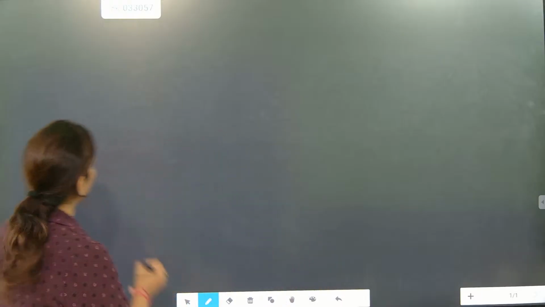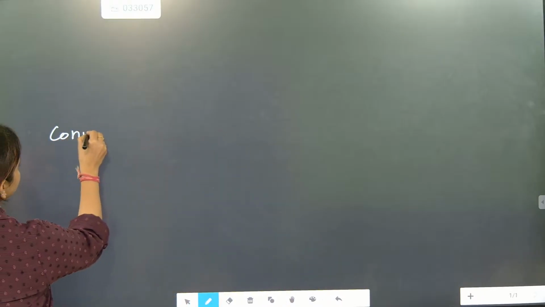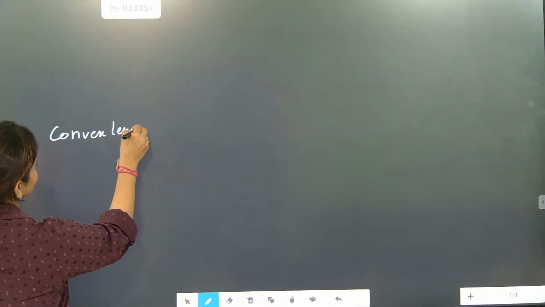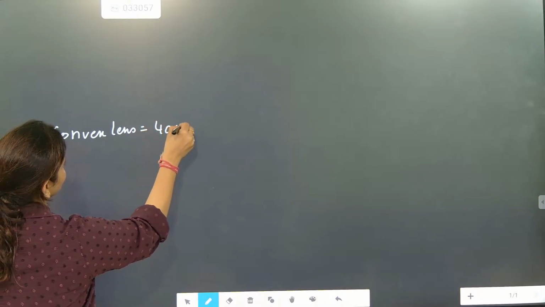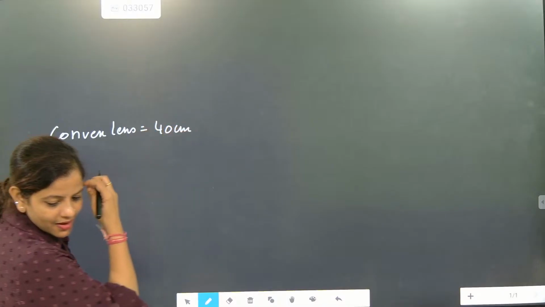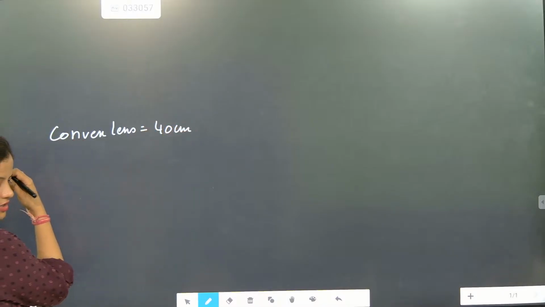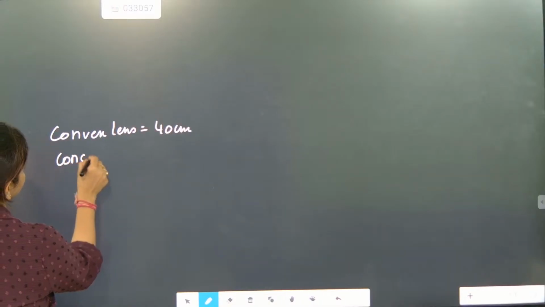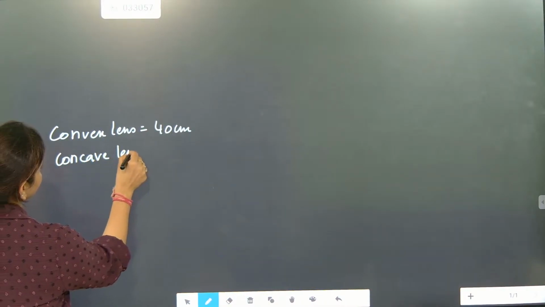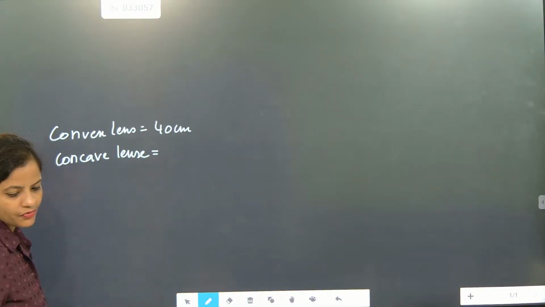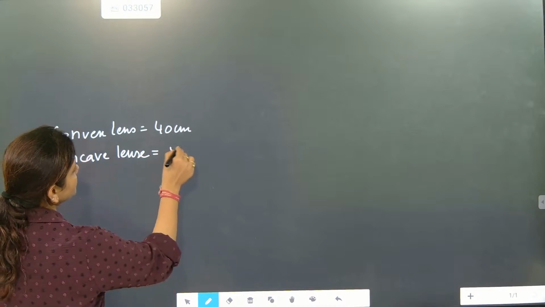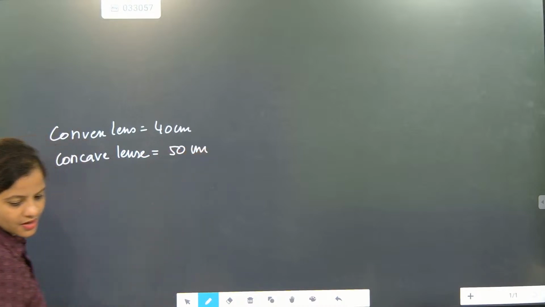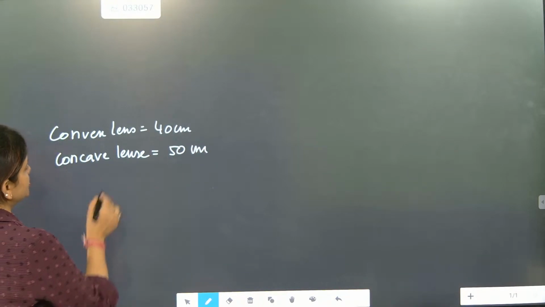See, write the question. A convex lens of focal length 40 centimeter and a concave lens of focal length 50 centimeter are placed in contact with each other.